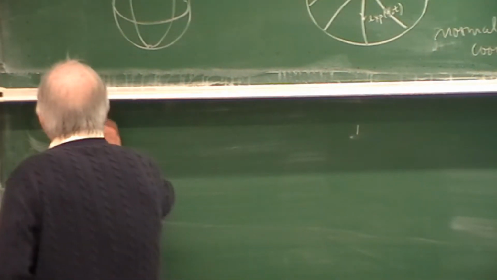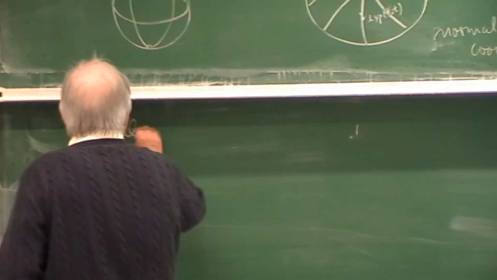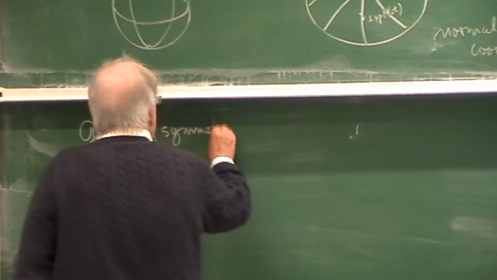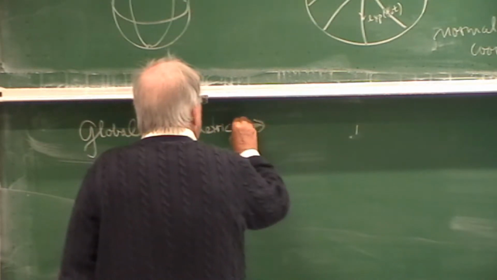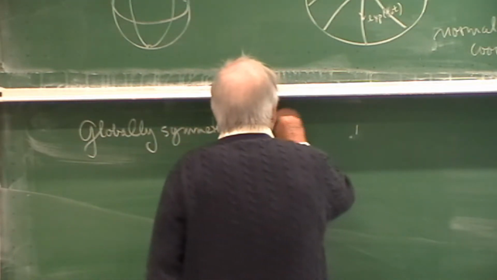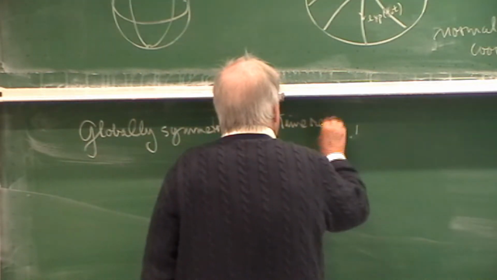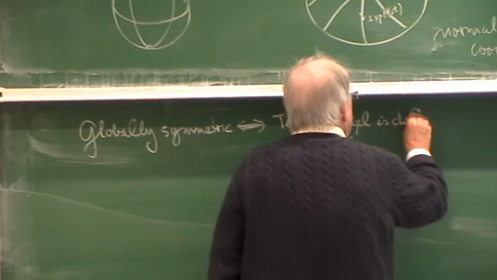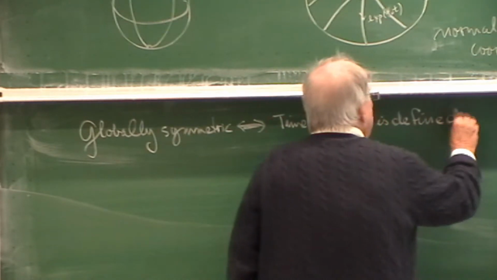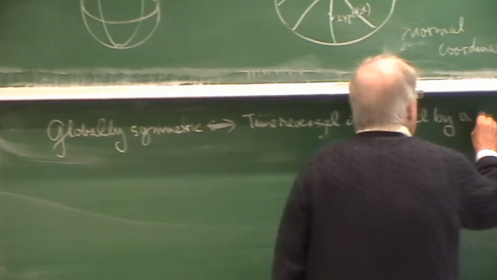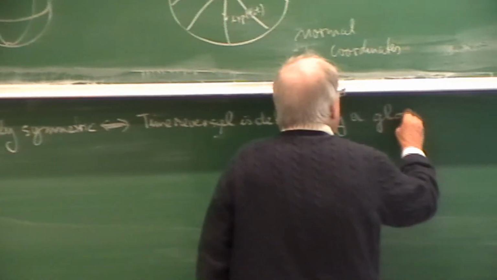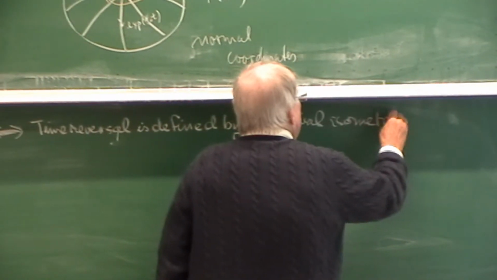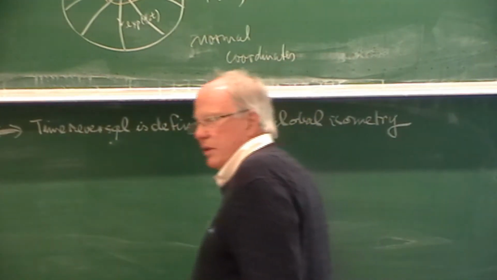So, globally symmetric means time reversal is defined by a global isometry, and I think I'm going to call this sigma.